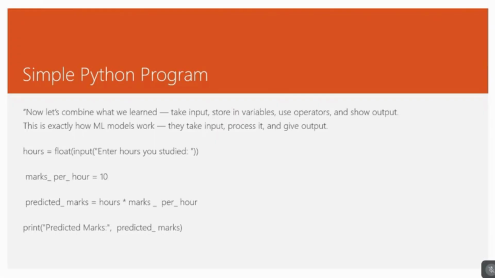So here we give data to our machine learning model, and according to that data, our machine can learn, and it processes it. It processes it by using functions, input functions, and all. And after processing, it gives us output that in future how many marks you will get on the basis of your study hours.